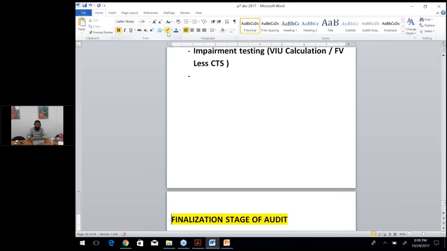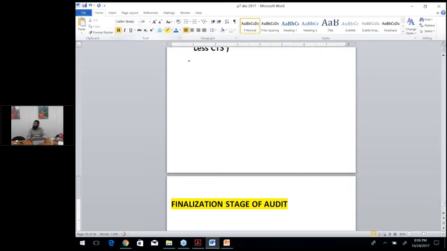Okay, now let's try to understand what happens at the finalization stage of the audit.